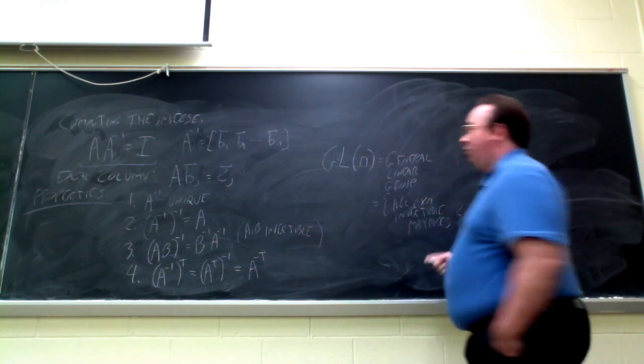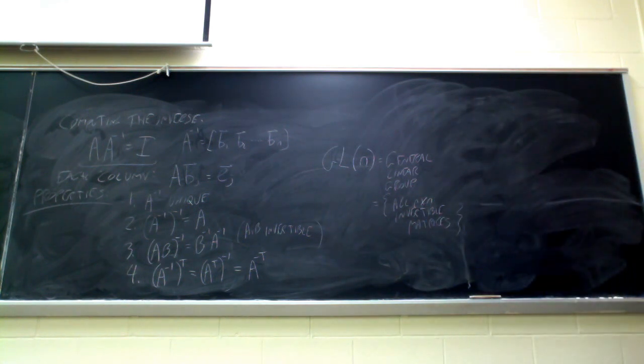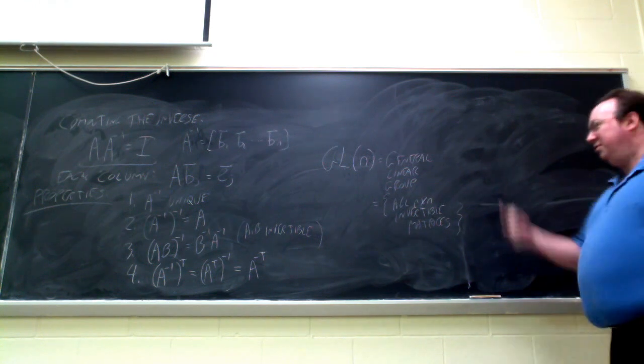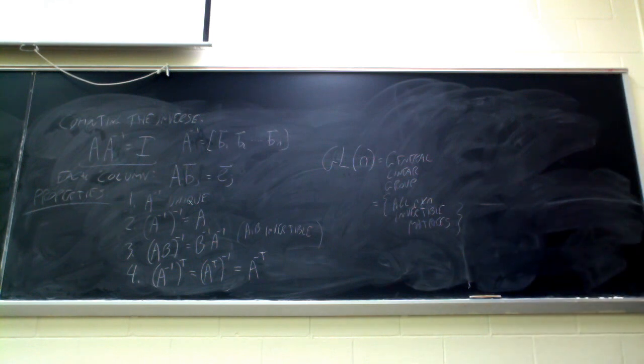So those form a group in the usual sense, that they satisfy properties of closure, associativity, identity, and having an inverse. I'm sure that Dr. Perry or Dr. Kohler have used this in some examples. Are there any questions about the inverse?